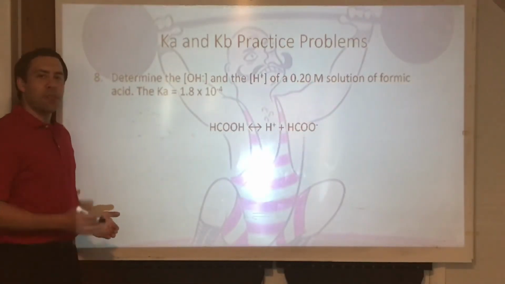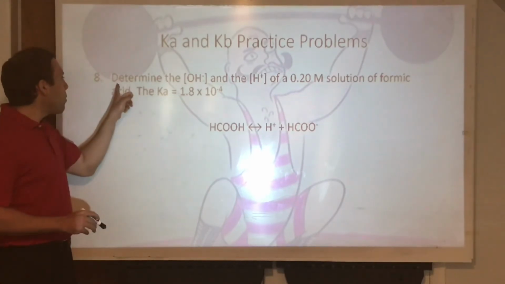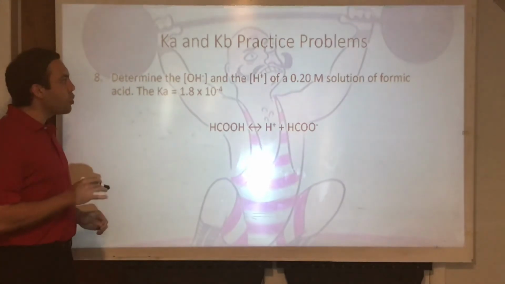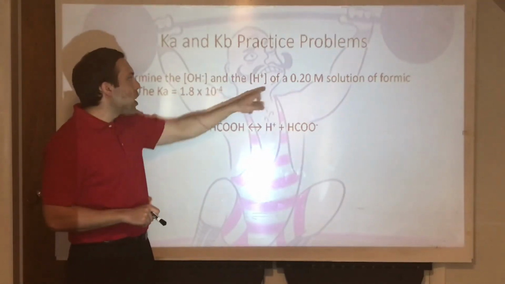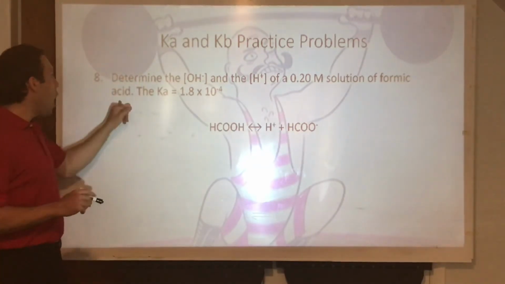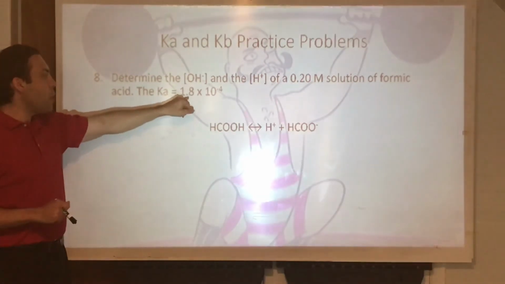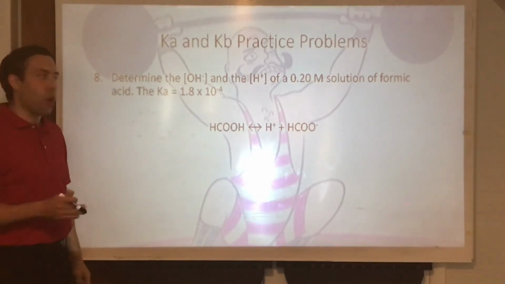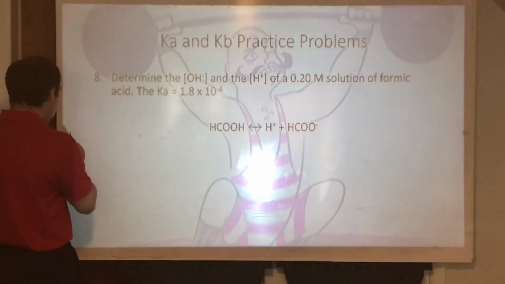Problem number 8 is probably the trickiest problem that we will do today. Problem number 8 states, determine the OH minus and the H plus ion concentrations of a 0.20 molar solution of formic acid. The Ka is 1.8 times 10 to the negative 4th. So let's write our Ka expression.